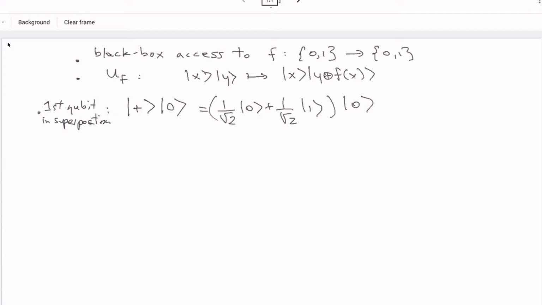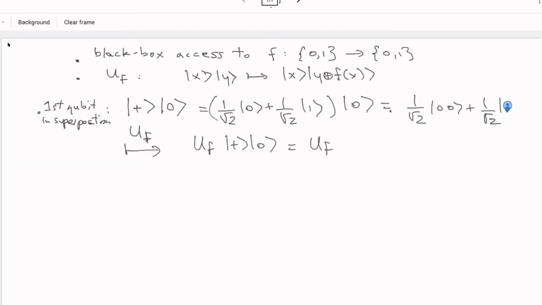Now, if I then apply U_f to this, what I get is U_f applied to plus, 0. This state here, just by distributing things, you can write as 1 over square root of 2, 0, 0, plus 1 over square root of 2, 1, 0.